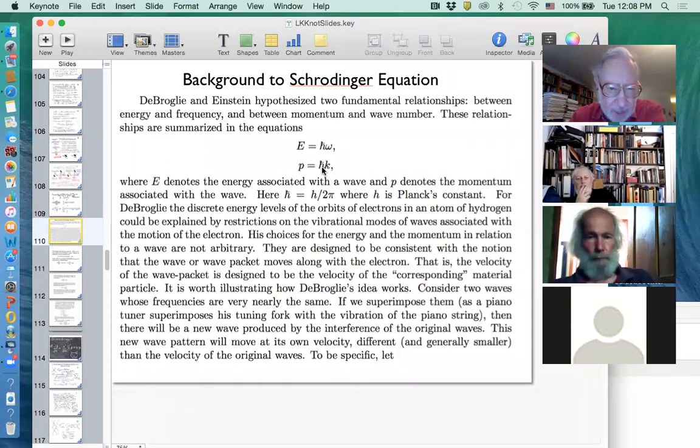And in particular, Schrodinger looked at what de Broglie had done and wanted to create a wave equation that would describe it, because after all, the idea was that waves would be associated with particles. That was de Broglie's idea, but he didn't write down a wave equation.